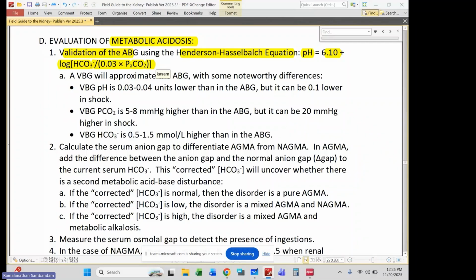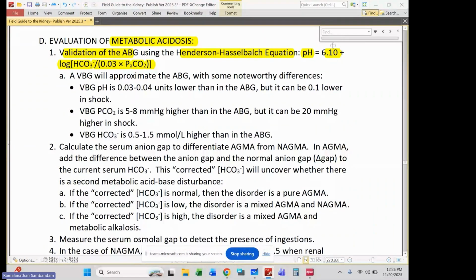Okay, this is just a conversion of partial pressure of CO2 to an effective molar concentration of carbonic acid, right? In the numerator, I have a molar concentration of bicarbonate. In the denominator, I'm trying to get the molar concentration of carbonic acid. So this is what Henderson-Hasselbalch is in general terms.